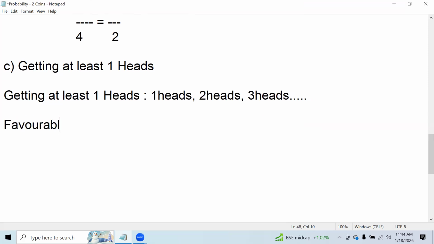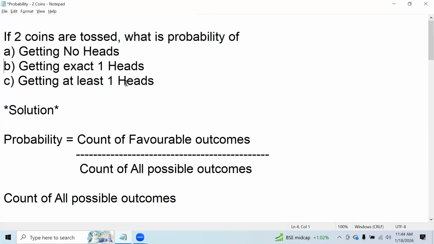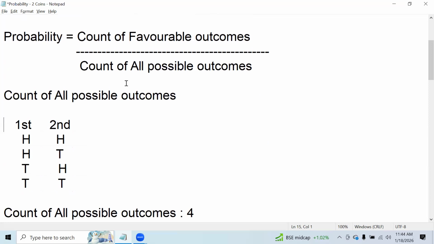So let's look at all four possibilities and see which are favorable for us. We want at least one head, basically one head or more than that. Here HH, we have two heads, which is favorable for us because we want at least one.